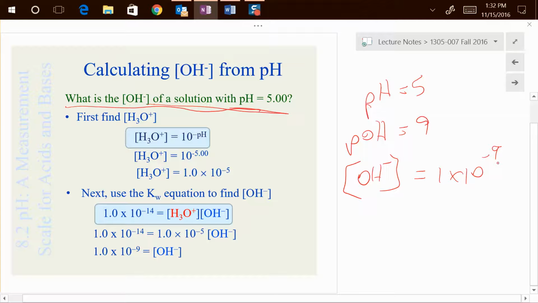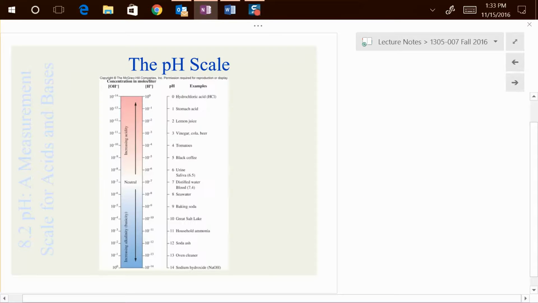We did it one way. They did it a different way. They found the H3O plus because it goes to 1 times 10 to the negative 5, right? 1 times 10 to the negative 14 divided by 1 times 10 to the negative 5 tells me the OH minus, which is 1 times 10 to the negative 9. It doesn't matter which way you do it. It will come out to be the same either way.